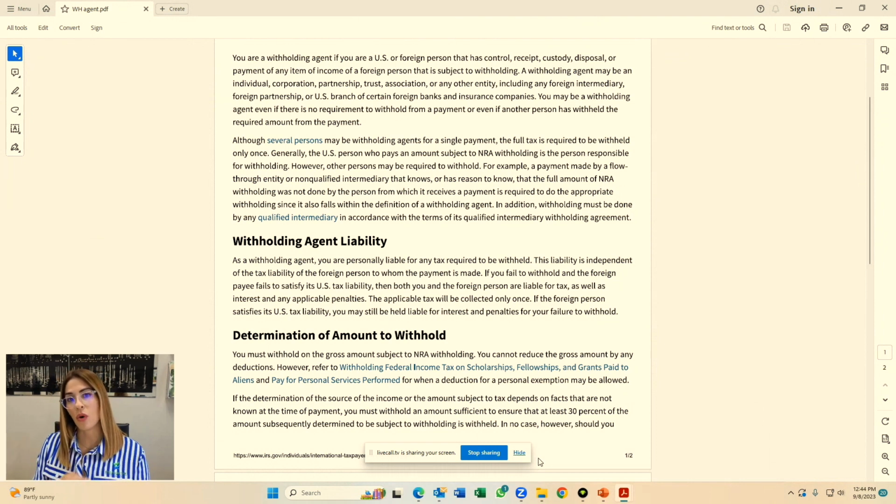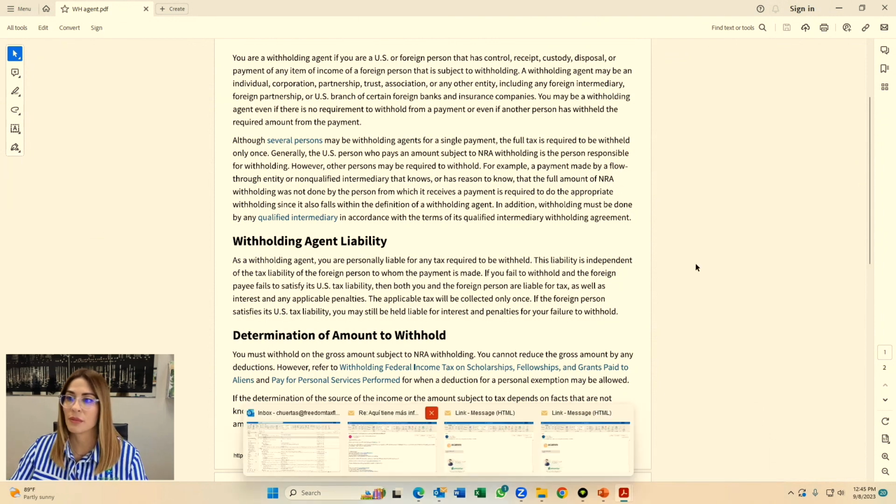They are supposed to withhold 30% from the rent and pay the balance to the landlord or the owner of the house. And that 30%, they are responsible for sending to the IRS. But I see so many property management reports at the end of the year, and nobody's withholding the 30%. So that's something to consider.